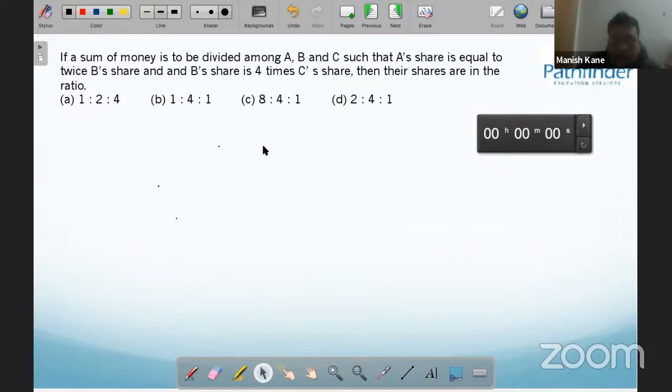Now, you need the ratio of A, B, and C. So A's share is 2 times B's share.